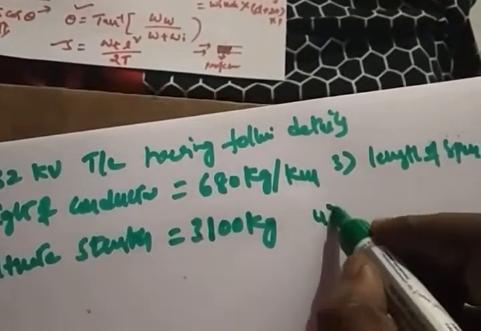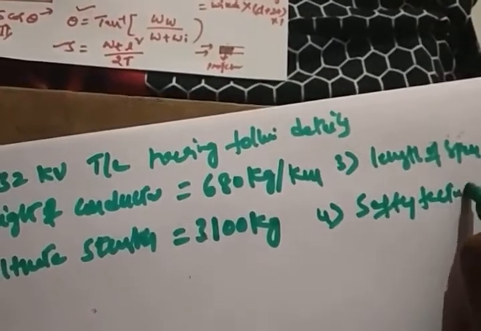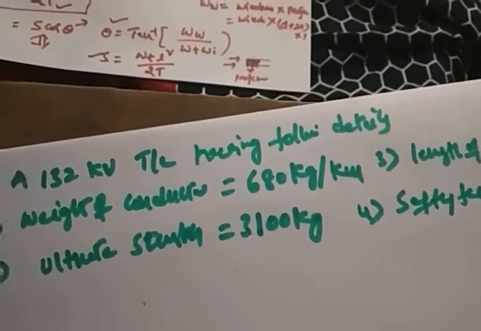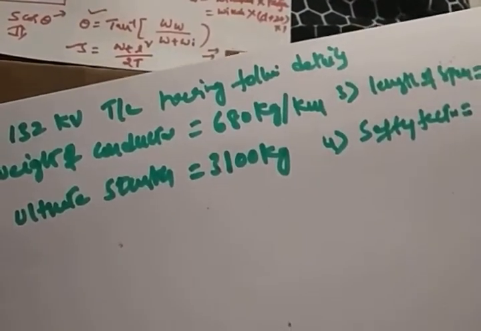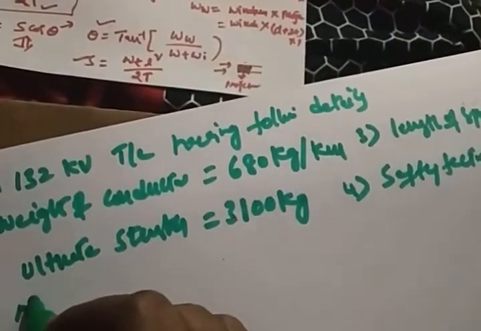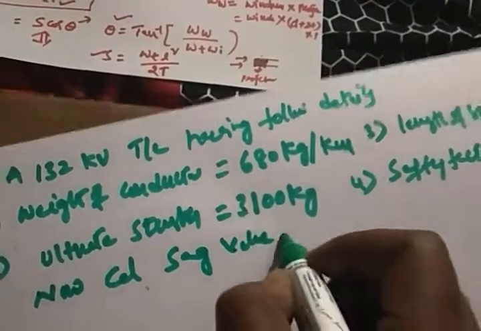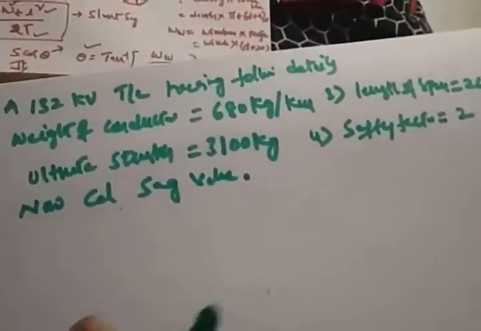And the fourth one given, safety factor is equal to 2. Now calculate the sag value. Right. First you have to observe what they given and what you are going to find.